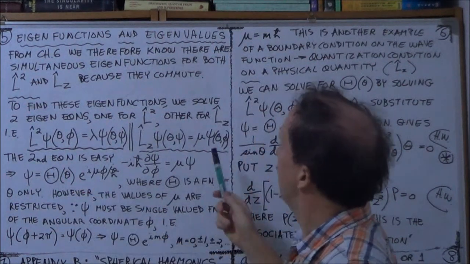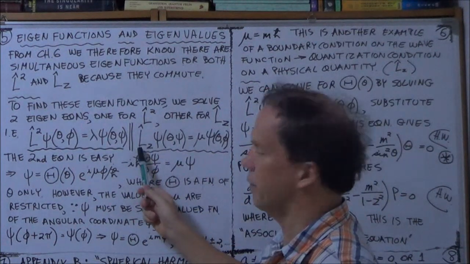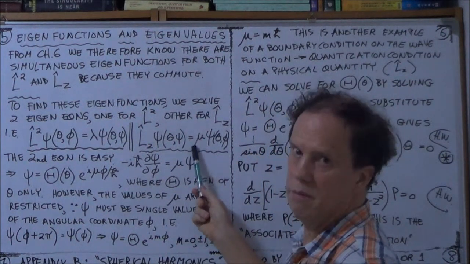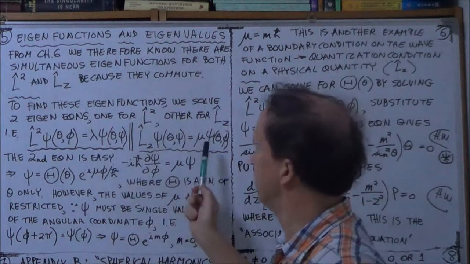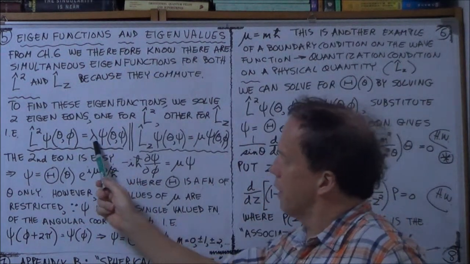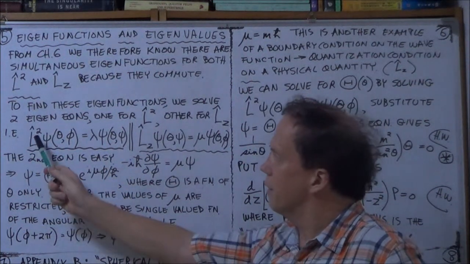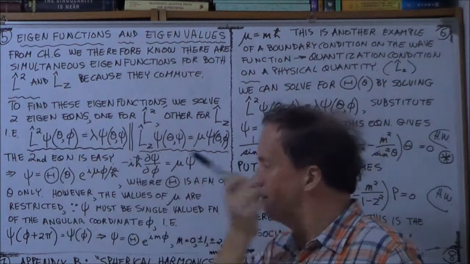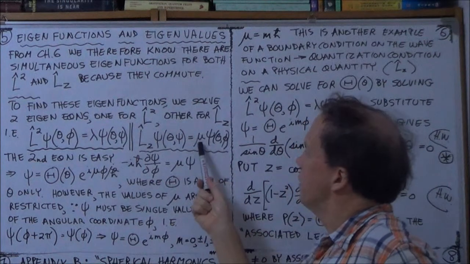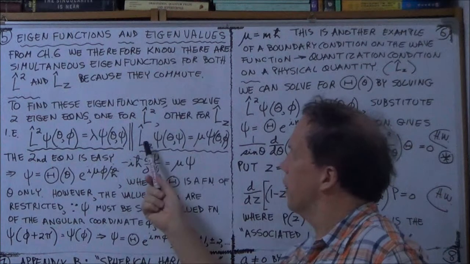And your second operator is the z component of L. The eigenvalues you let be mu, so lambda, mu, different. These correspond to the allowed measured values of the angular momentum squared, and these mu correspond to the allowed z component of the angular momentum.